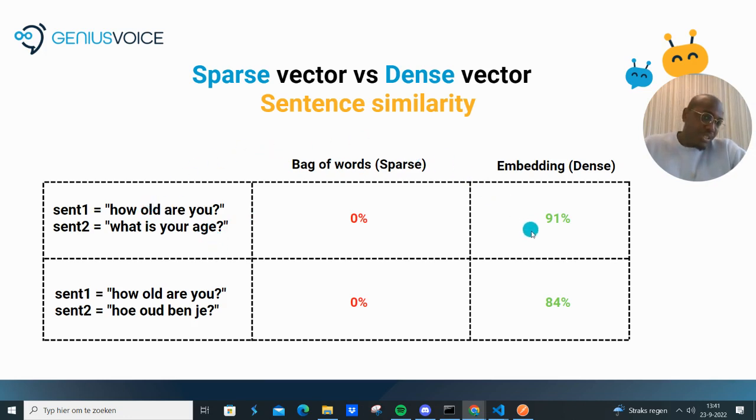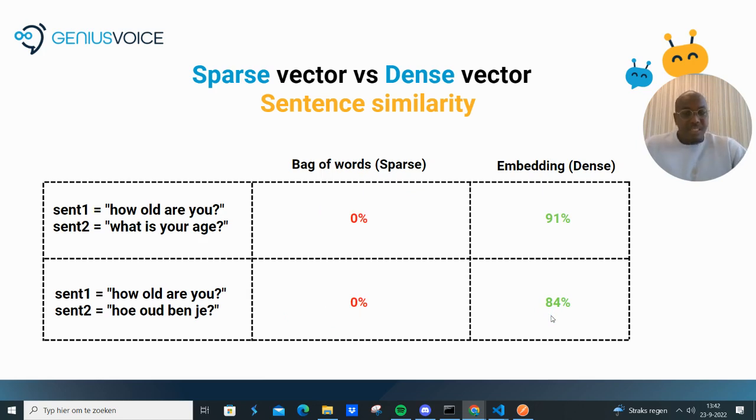But if you would use here a learned representation, so a dense vector, then that output will be 91%. So with 91%, the model is sure that these two sentences are quite similar to one another. Now, if we look at the second example here, hoe oud ben je is actually how old are you in Dutch. And again, if we would use the sparse vector to calculate the similarity, then we would get a 0. But if we would use the dense vector, then we get an output of 84%.